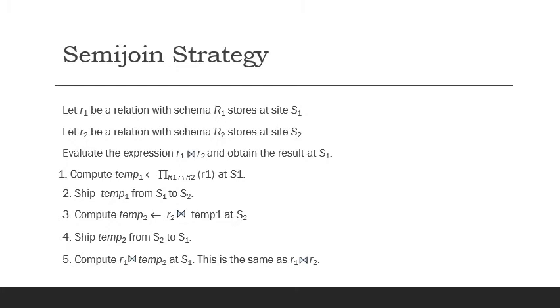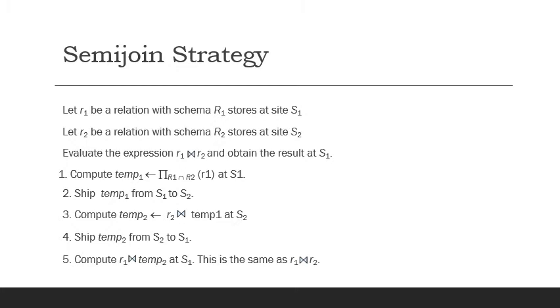This strategy is particularly advantageous when relatively few tuples of R2 contribute to the join. This situation is likely to occur if R1 is the result of a relational algebra expression involving selection. In such a case, temp2 may have significantly fewer tuples than R2.